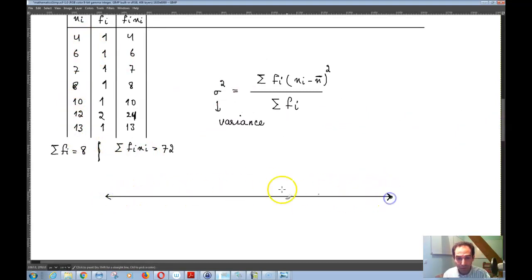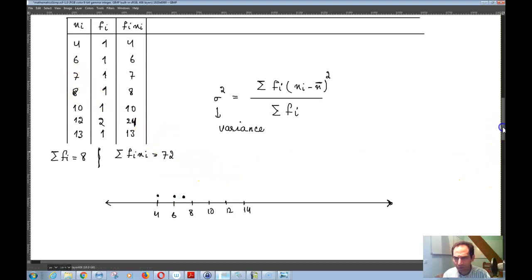You have all of these numbers here: 4, 6, 8, 10, 12, and 14. And your observations are 4, 1; 6, 1; 7, 1; 8, 1.